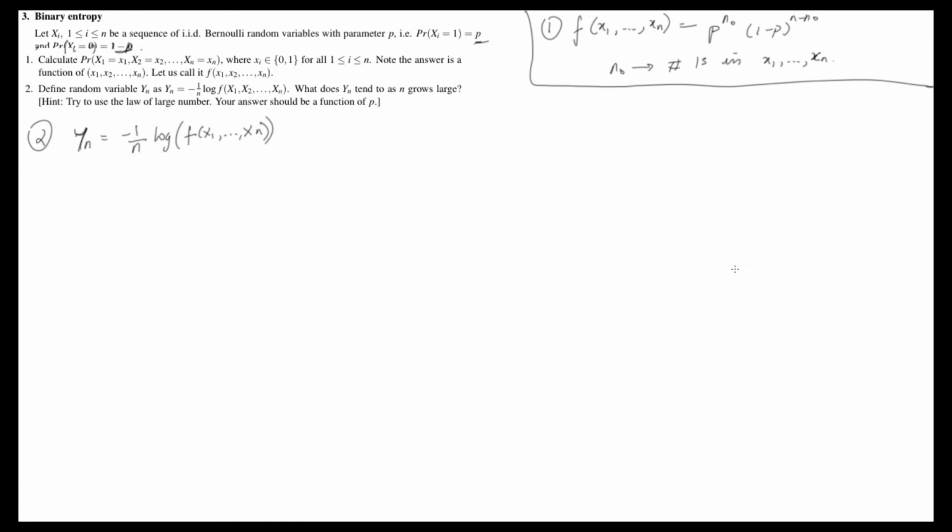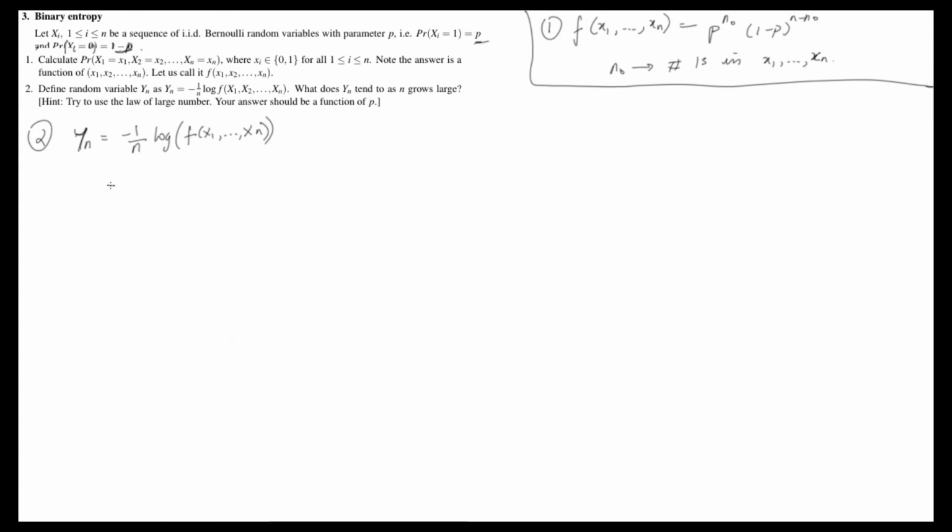That's because the random variable yn is now a function of the random variables x1 to xn, and the value that yn takes depends on the values that x1 to xn take. So yn is a random variable which is a function of random variables, and its value depends on the values which the random variables inside the function arguments take.